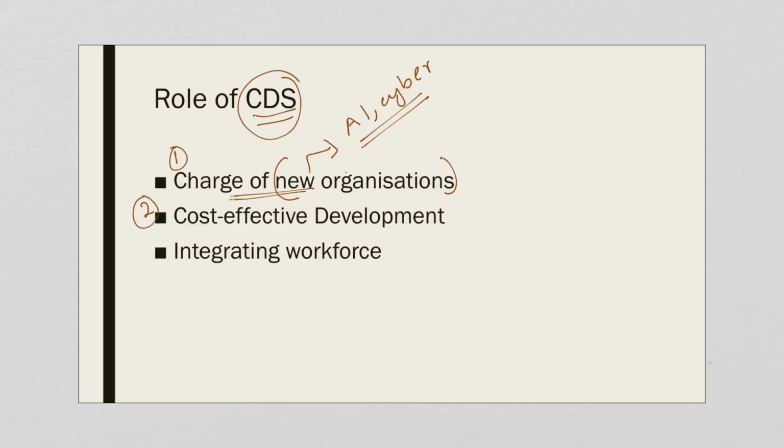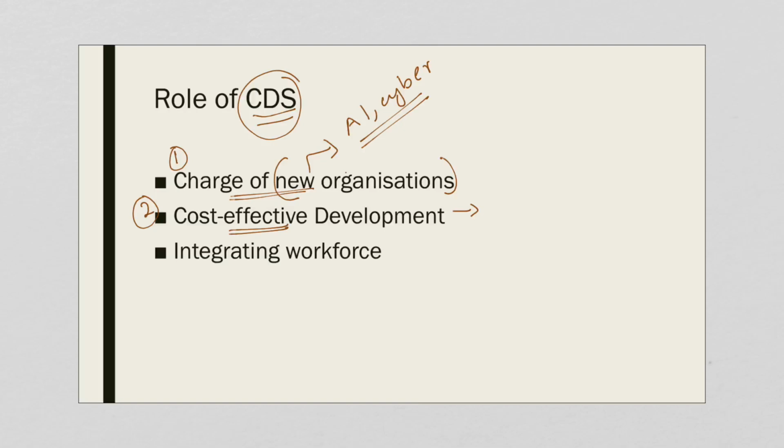Now, secondly, the CDS or the Chief of the Defense Staff can help in cost-effective development of these institutions or new organizations. So, as we discussed, these organizations can deal with the threats arising out of new technologies like artificial intelligence, cyberspace, missiles domain, etc. So, these are extremely advantageous.